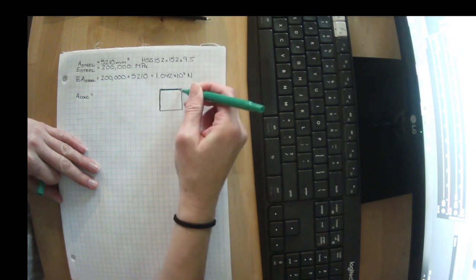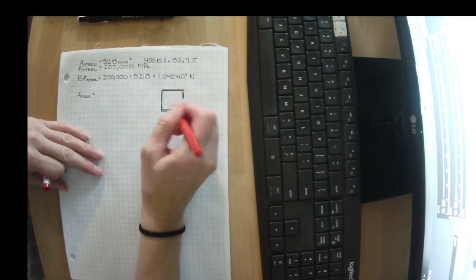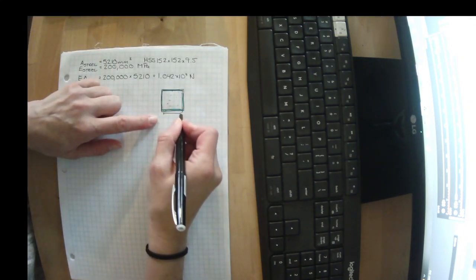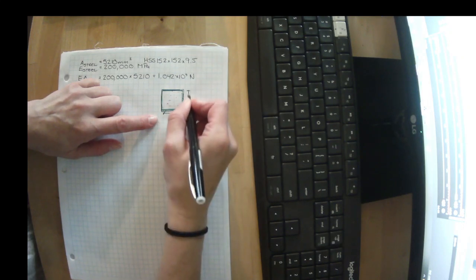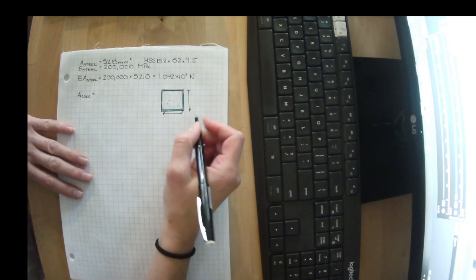So something like this, but we know that there's some amount at the perimeter that's actually steel, and what we want is that bit in the middle that's concrete. So we actually want this bit in here, that times that. I'm not going to worry too much about the rounded corners in there.